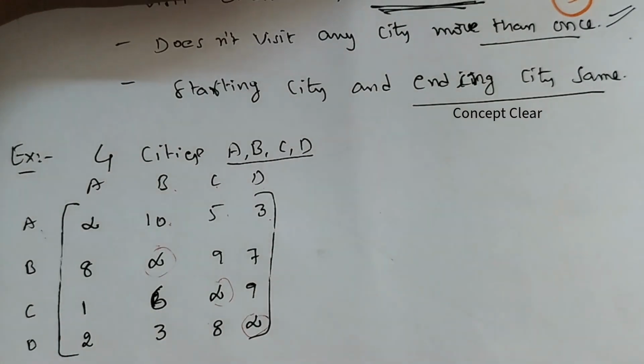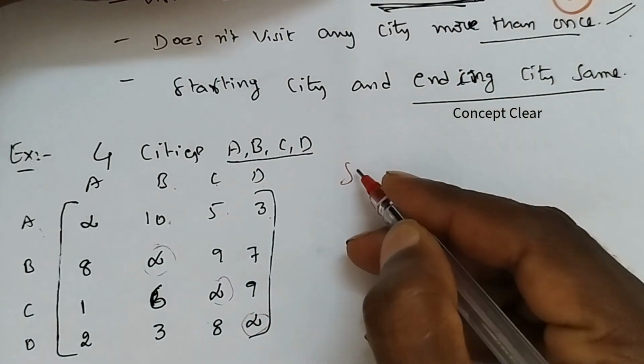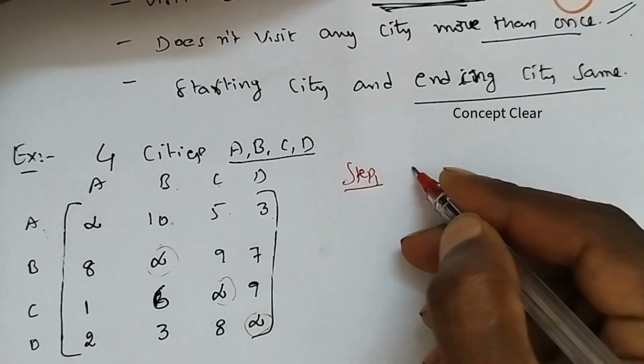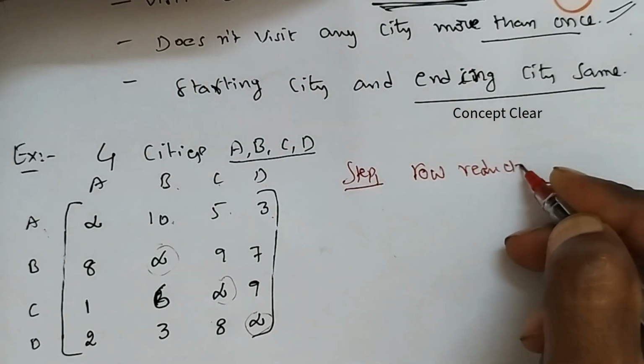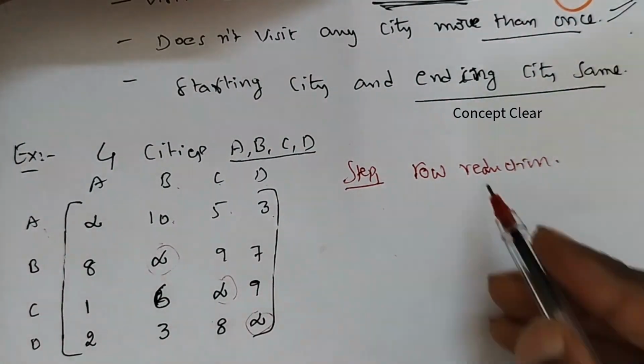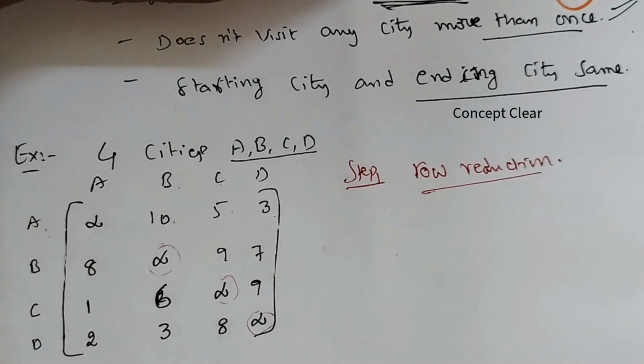Before starting the problem, step 1 is row reduction. Here the first step is row reduction. What are the rules to perform the row reduction?